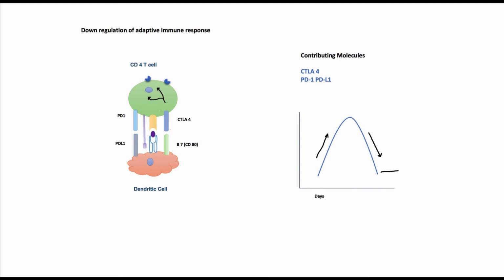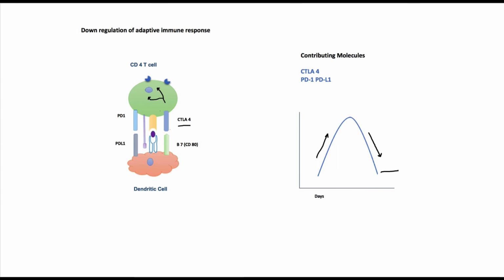One way is that as soon as B7 starts activating CD4 T cells through CD28 receptors, CD4 T cells start expressing another molecule on the cell surface called CTLA4. CTLA4 competes with CD28 for binding to the B7 molecule.